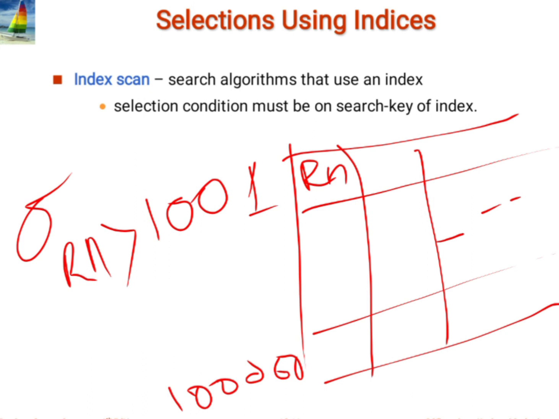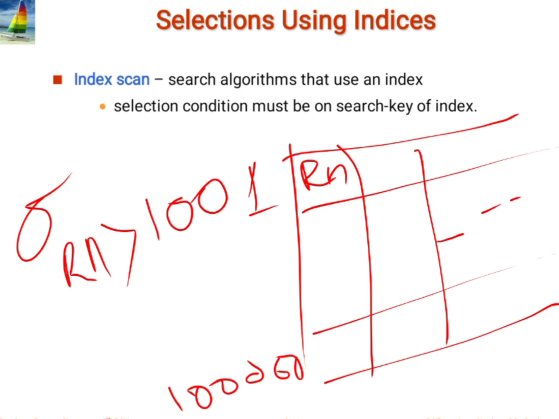I need to retrieve these records from the hard disk into my main memory, right? So I need to scan total 1 lakh entries.